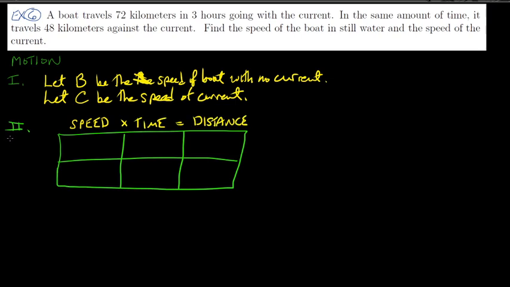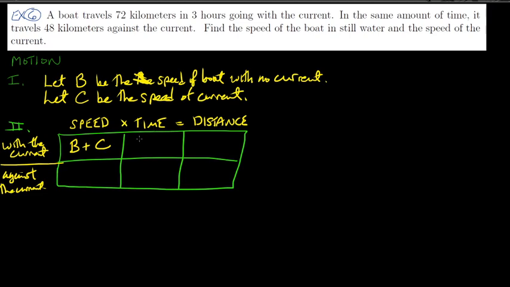And we're going downstream, so that's with the current. And against the current, or upstream. If you're going with the current, you're taking the speed of the boat plus the speed of the current, which gives you the speed of the boat with the current.